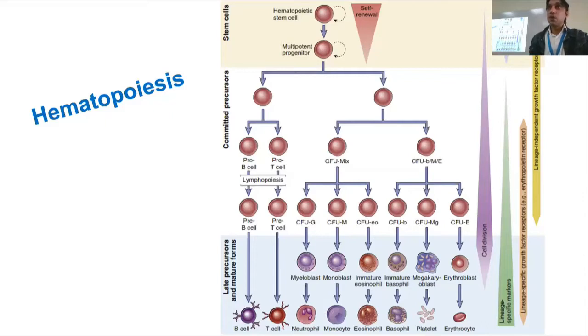So nature has placed certain stem cells there, which are capable not only of maintaining their own numbers, but also of giving rise to the skin cells constantly. Similarly, nature has given us the hematopoietic stem cells, which are present in our bone marrow.